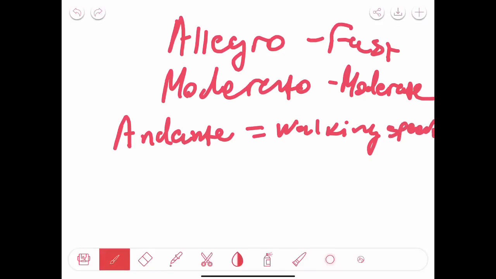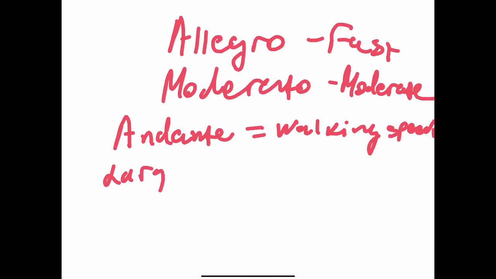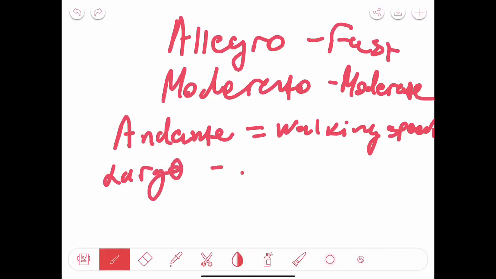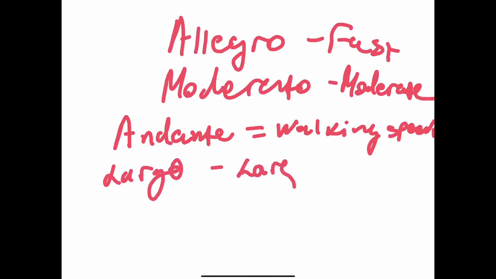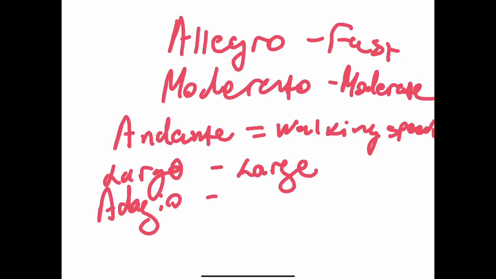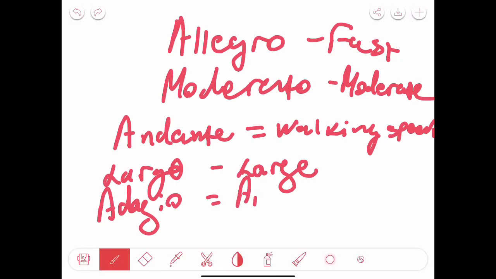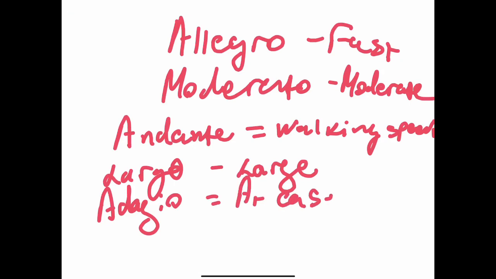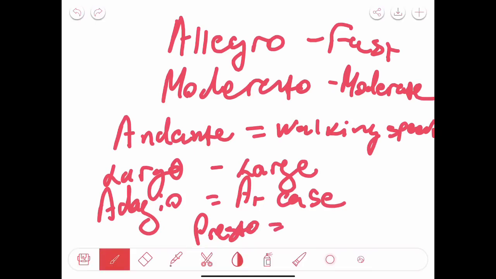You have largo, which is large or slow. You have adagio, that means at ease. And you have presto, which means fast as possible.